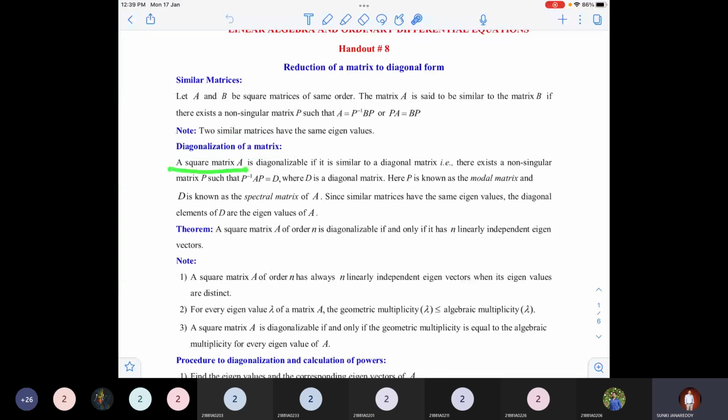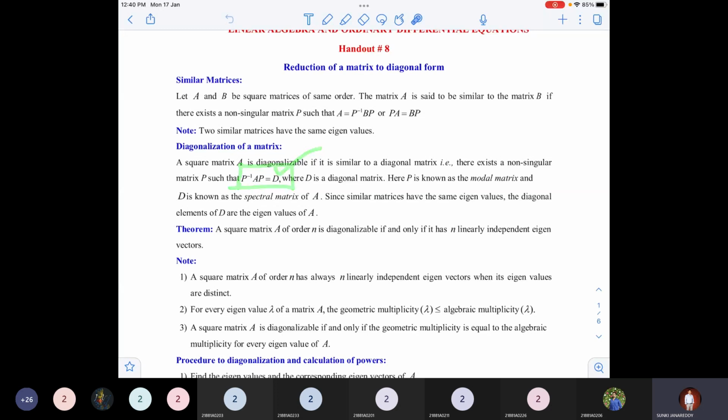A square matrix A is diagonalizable if it is similar to a diagonal matrix. That is, there exists a non-singular matrix P such that P inverse AP = D. You should remember this condition, Anna.